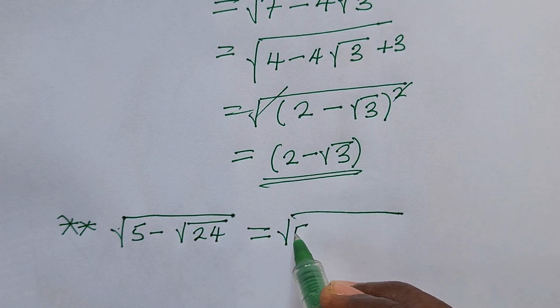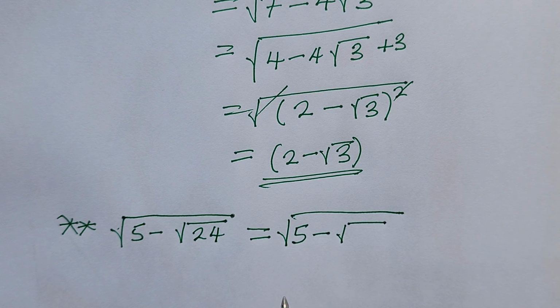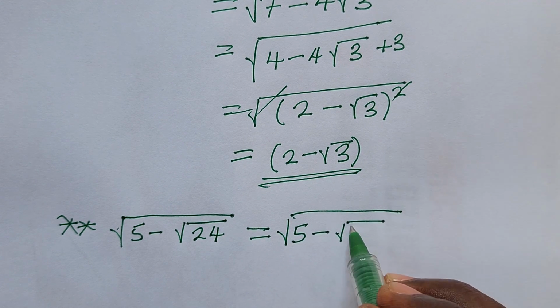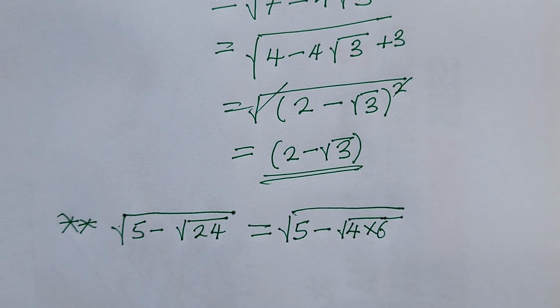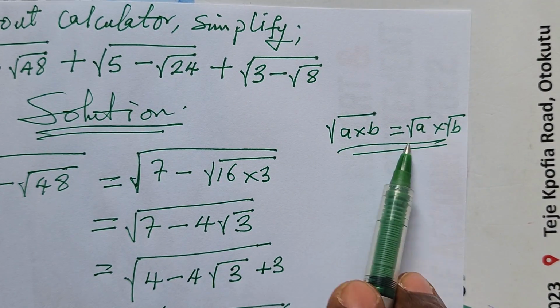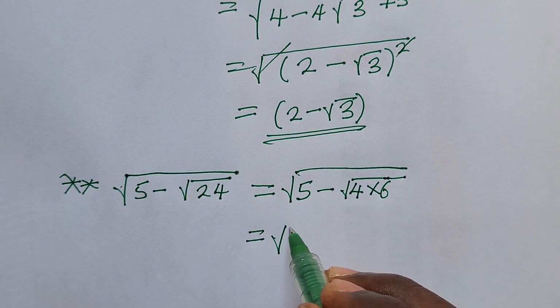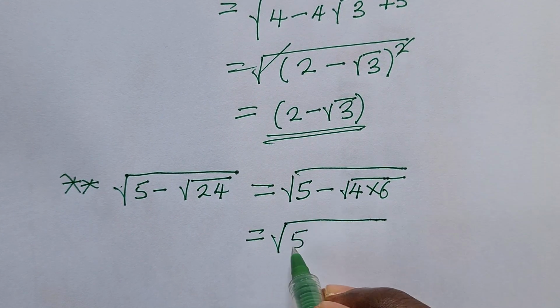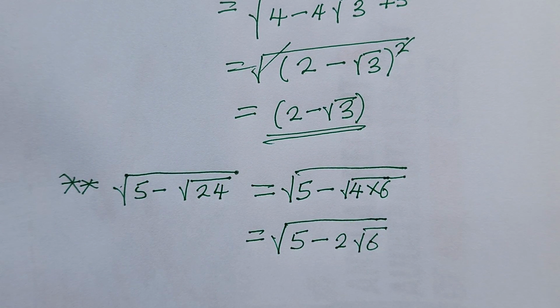The square root of 24 can be split into 4 times 6. Again, with the law we just looked at, this could be rewritten as the square root of 5 minus 2 times the square root of 6.